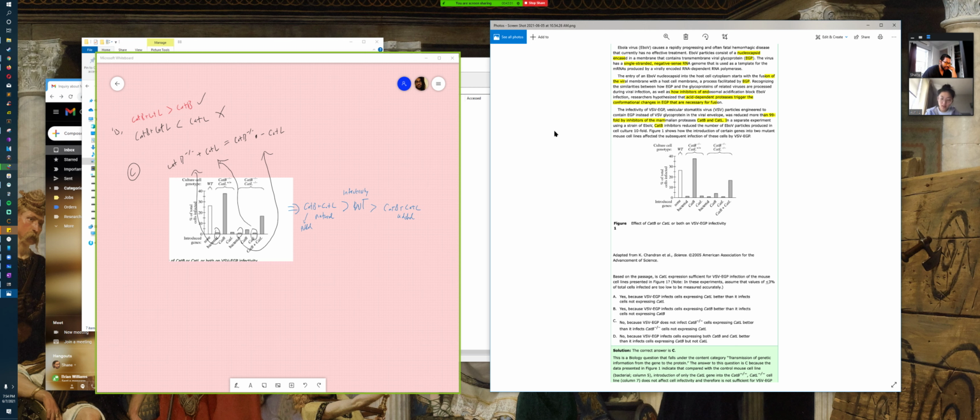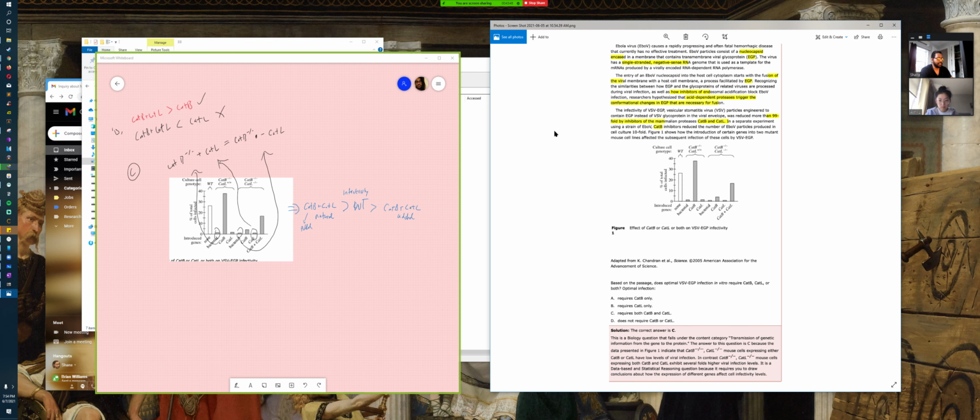If we're inhibiting stuff, I usually draw an arrow and either a flat end to that arrow or I cross out the arrow. But let's see the next one.